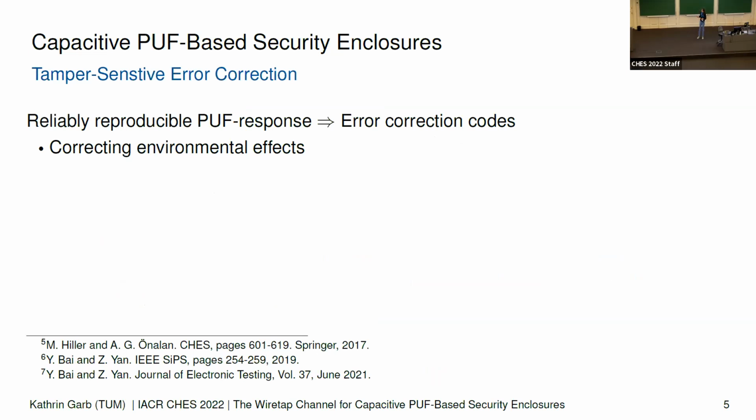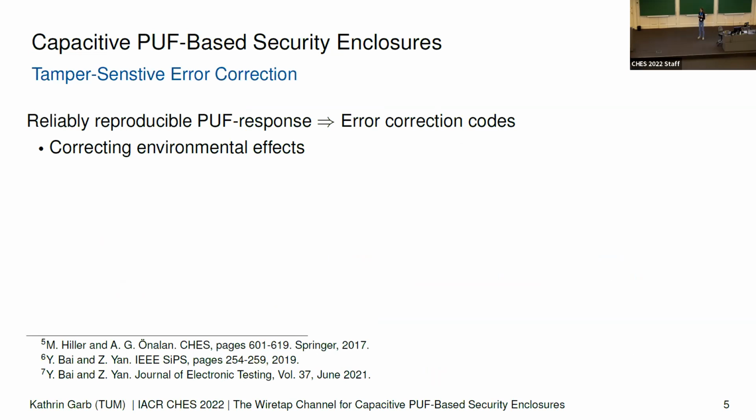All right, after this short overview, let's now come to the statement of the problem that we are trying to tackle here. In order to reliably reproduce the PUF response, you need error correction codes. Under normal circumstances, if there's no tamper event, you want your PUF response and your key to be the same, no matter what the temperature or humidity in the room is, and to compensate for that, you incorporate error correction codes.